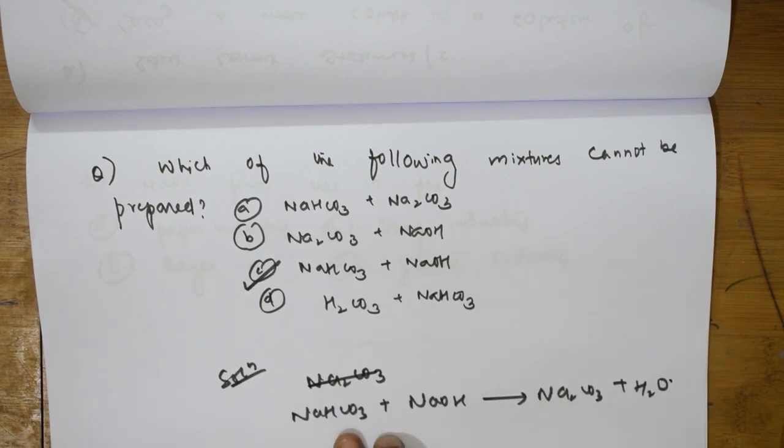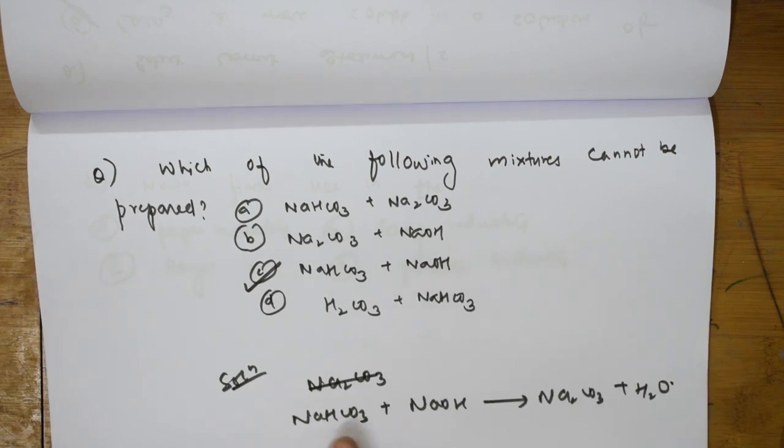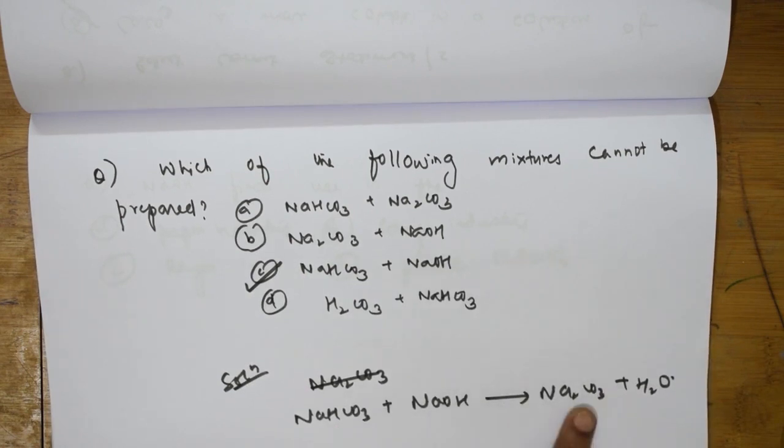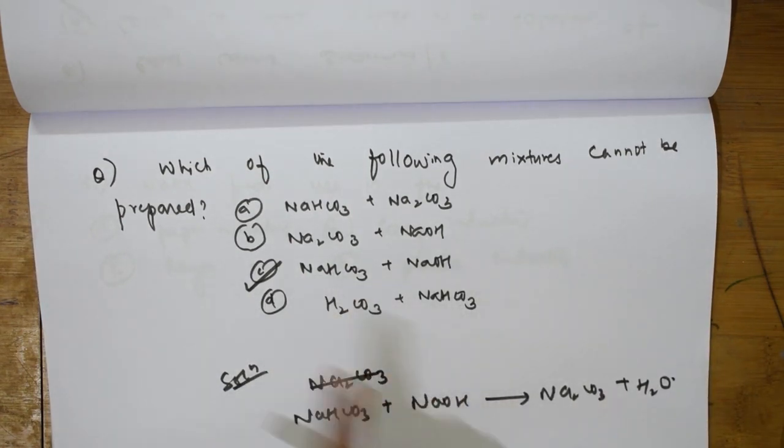Since it is still an acid, the bicarbonate can lose its proton to give CO3 2-. When this dissociates, it becomes H+ and CO3 2-. So CO3 2- is the conjugate base of this, isn't it? That is why this combination is not possible.